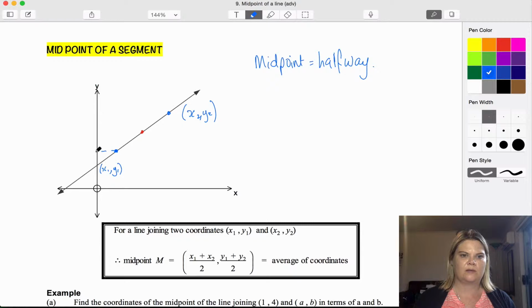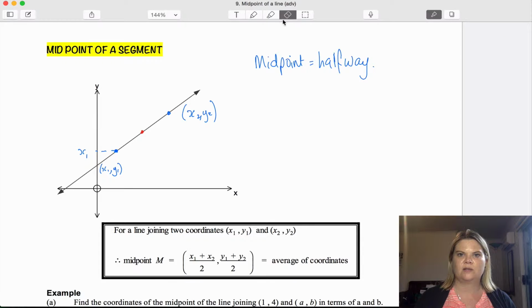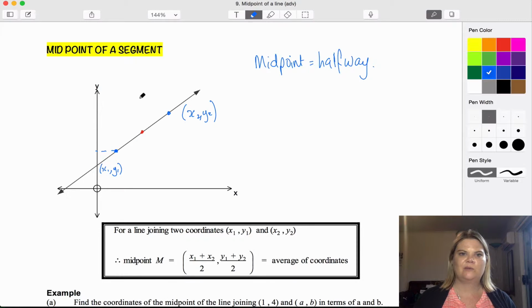Because we will need to just show over here the x value of this one will be, oh sorry, that's y. The y value will be somewhere on the y-axis, so the y values can be y1, and for this one can be y2. The x value, x1, and for here, x2.